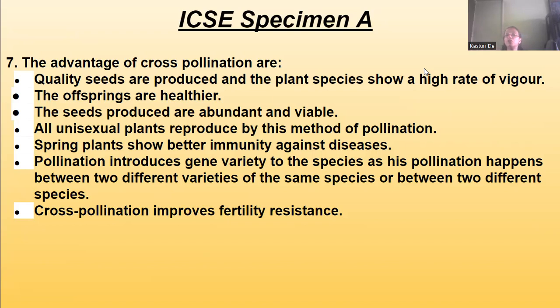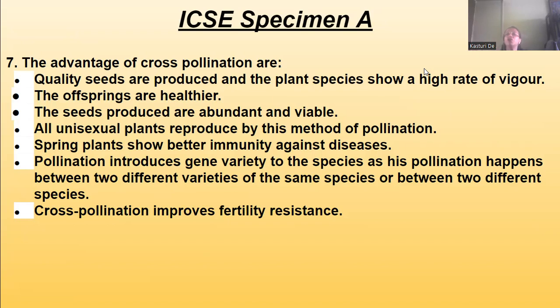All unisexual plants can only reproduce by this pollination, so this is a very important process for the unisexual plants. Then offspring show better immunity against diseases.